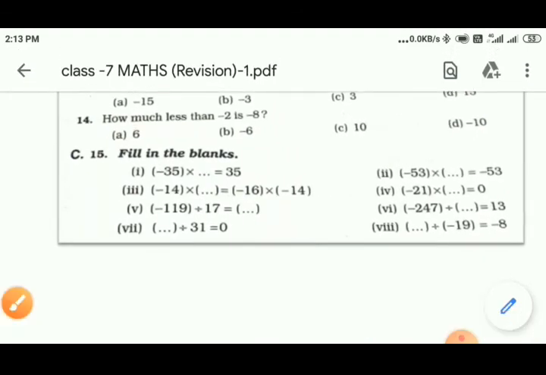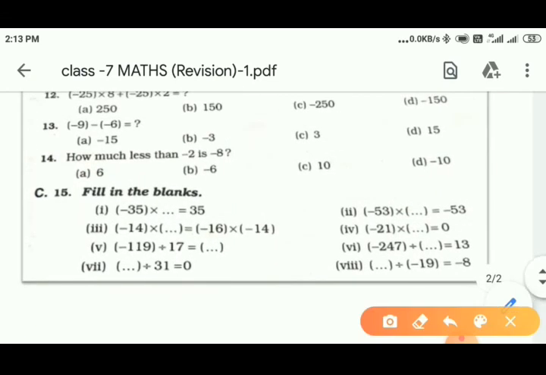This one. Now there are certain fill-ups, like the first fill-up, you need to solve it minus 35. You want your answer with positive 35. So minus minus become plus. 35 remains same. So 35 1 ja 35. But if you are multiplying it with 1, it will give us the minus 35.